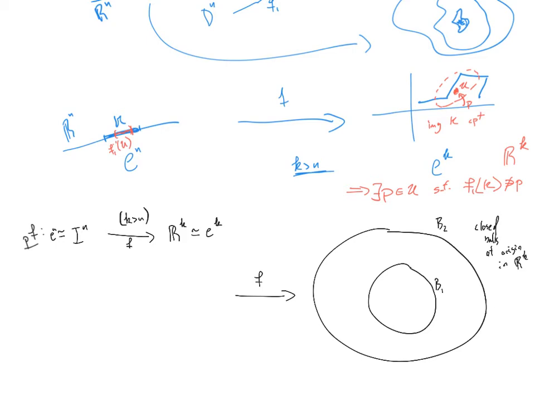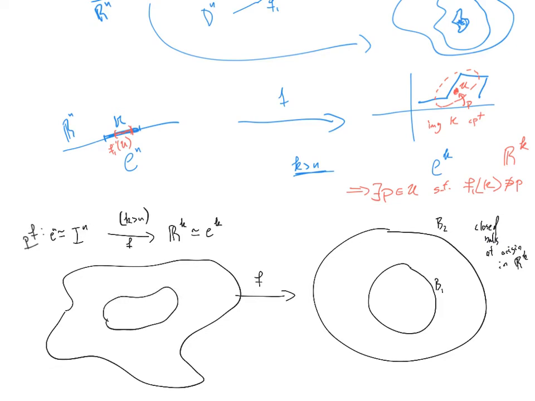Their pre-images look, I don't know, something. Let's make it look a little bit... Boop. And yeah, there's a limit to how much wiggling I want to draw. So something like this and something like this. So here's F inverse of B1 and F inverse of B2. I'm drawing the boundaries, but they are closed, right?